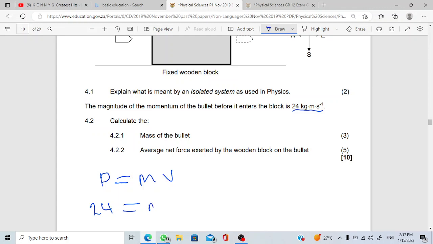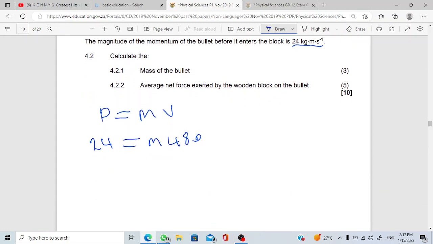Then we have mass multiplied by the velocity, which is 480. Now if we divide the two, you will find that it's 24 divided by 480. Now you find that mass is equal to 0.05 kg. So this is like 50 grams.